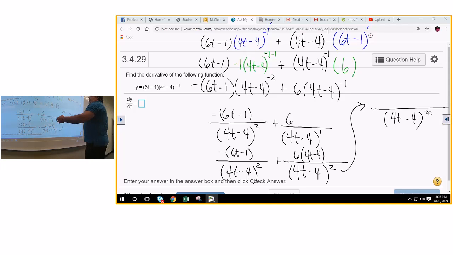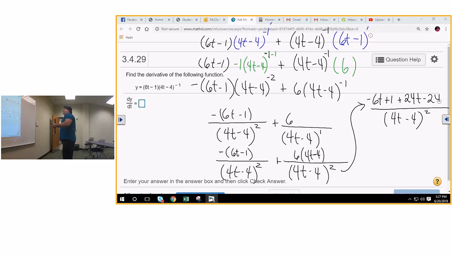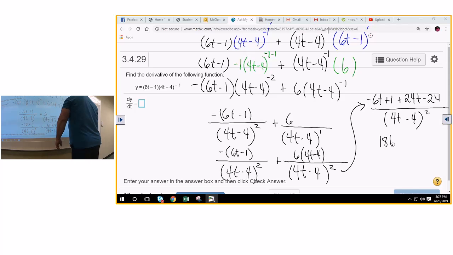Now the distributive law: negative 6t plus 1, and then plus 24t minus 24. Negative 6t plus 24t is 18t. Plus 1 minus 24 is negative 23.